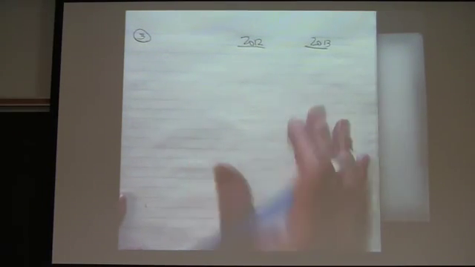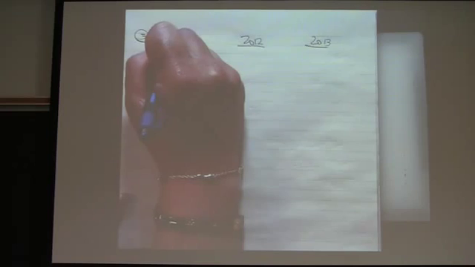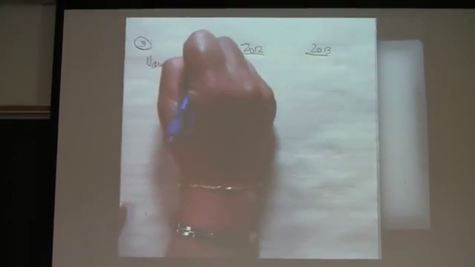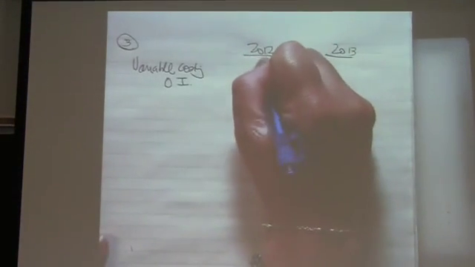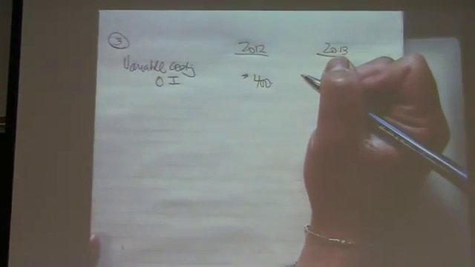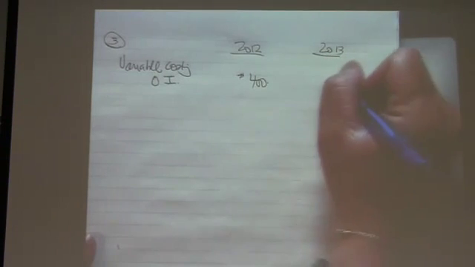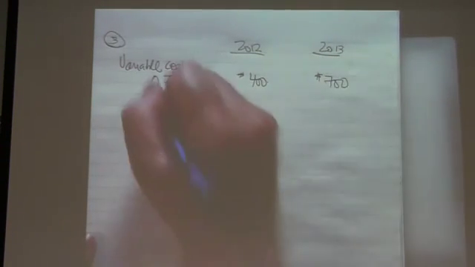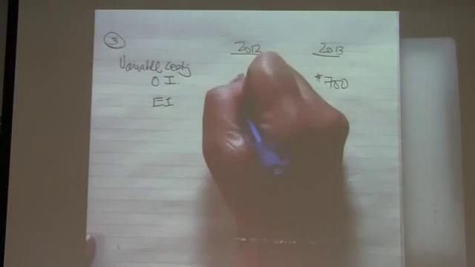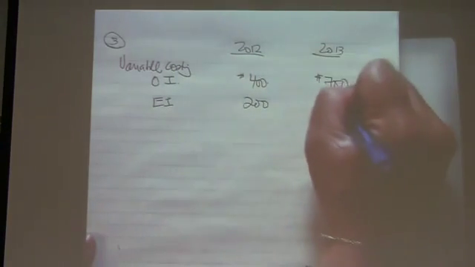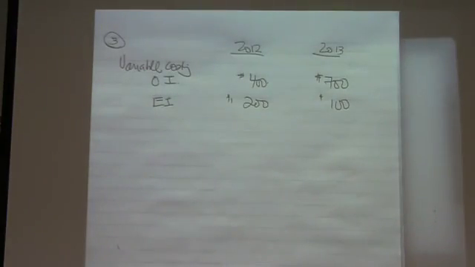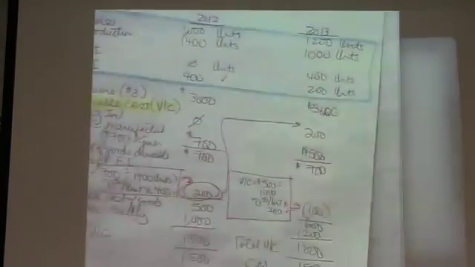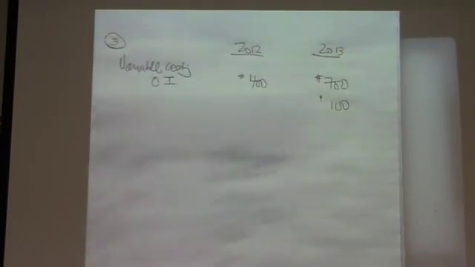So under variable costing, our operating income is 400 and 700. Ending inventory is 200 and 100. I'm just summarizing the difference between the income, 400 and 700, and ending inventory is 200 and 100.